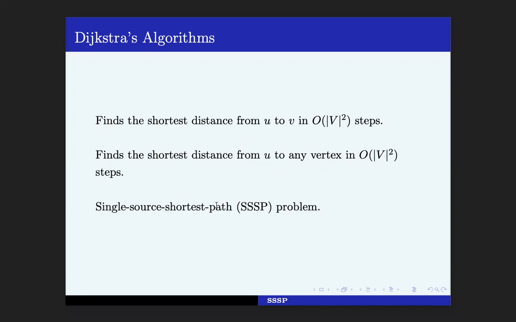But remember, this works only when you are guaranteed that all the distances are non-negative. If the distances are negative, then our algorithm will just collapse, because the whole concept of shortest distance being improved one by one is not working.